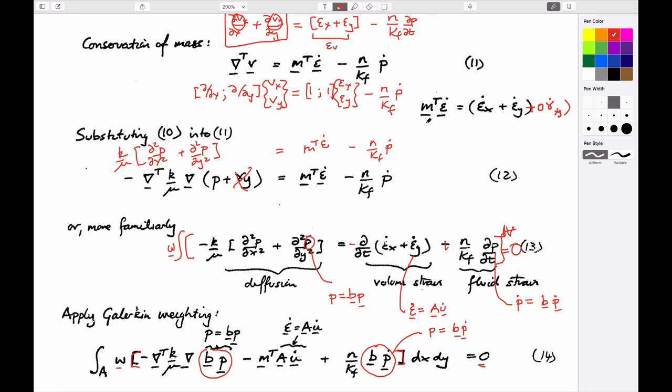And so M transpose is, if we wrote it out in longhand, 1, 1, 0, multiplied by epsilon x, epsilon y, and gamma xy. And so the fact that there's no volume change that results from shear strains is evident if you think about what they are.